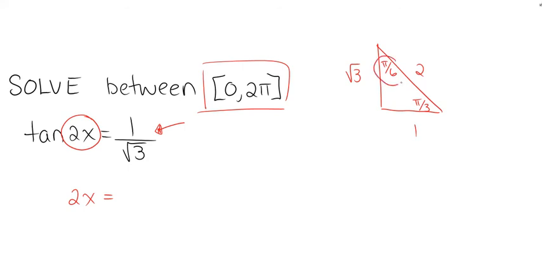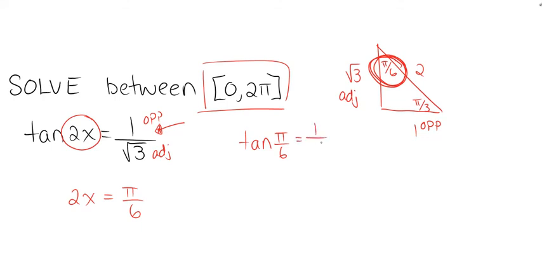I'm thinking it has to be pi over 6, because then this would be my opposite side, and this would be my adjacent, and tan is opposite over adjacent. So if my angle was pi over 6, so if I had like tan of pi over 6, it would equal 1 over root 3.